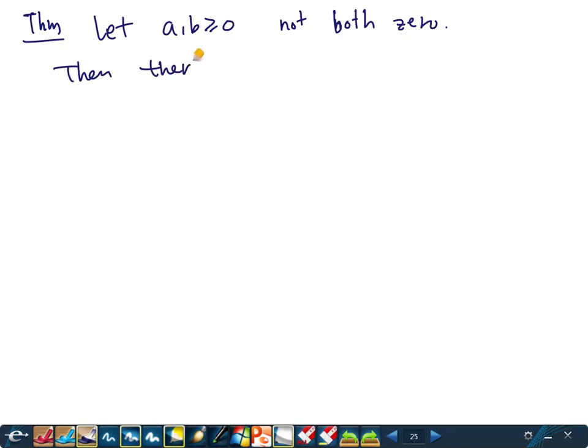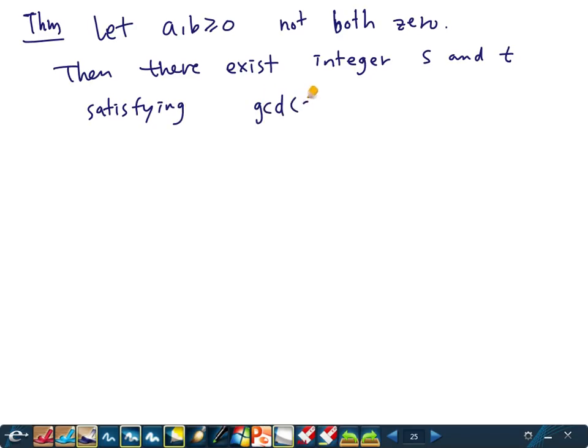Okay, there is an interesting theorem. Let's say we have non-negative integers a and b, not both 0. Then there exist integers s and t satisfying GCD(a, b) equals s times a plus t times b.